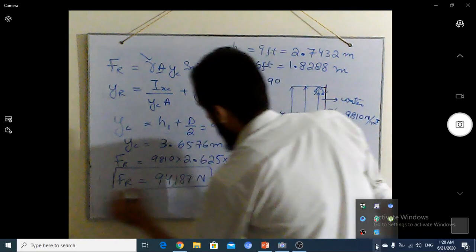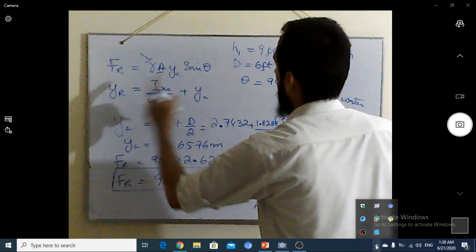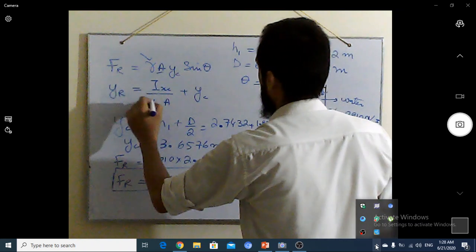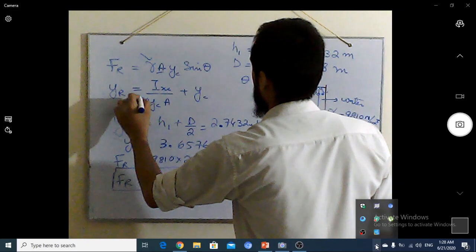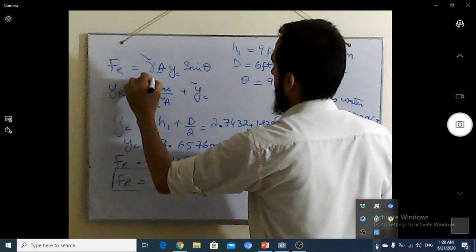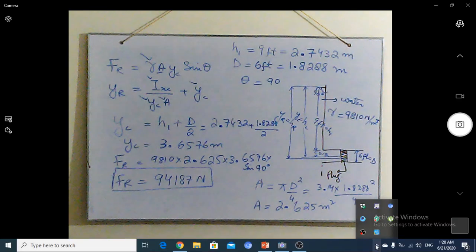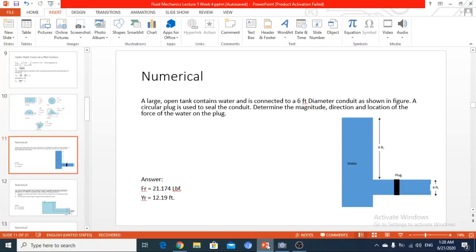On the other hand, if we are going to calculate the value of YR, we know YC, we know A, and Ixc is the value which we need to determine. For that we will go to our figure.